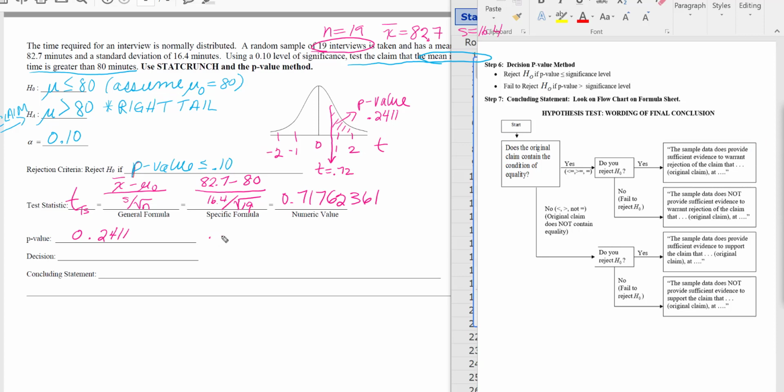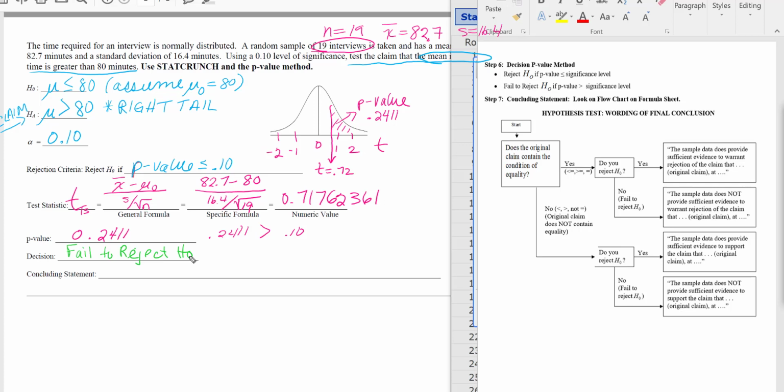We take 0.2411 and compare it to our significance level of 0.10, and this is definitely greater than. So our decision in this case will be, since it's greater than, fail to reject the null.